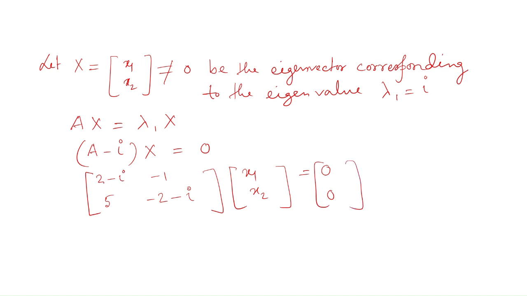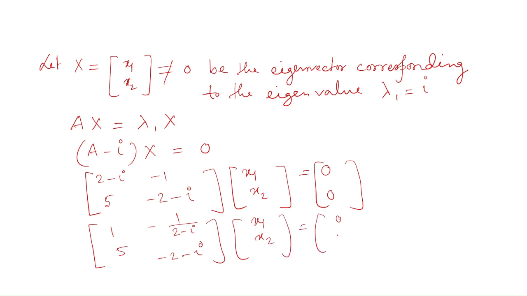Now let us divide the first row by 2 minus i, then we'll have 1, minus 1 by (2 minus i); 5, minus 2 minus i, times x1, x2 equal 0, 0. Here R1 becomes 1 by (2 minus i) times R1.